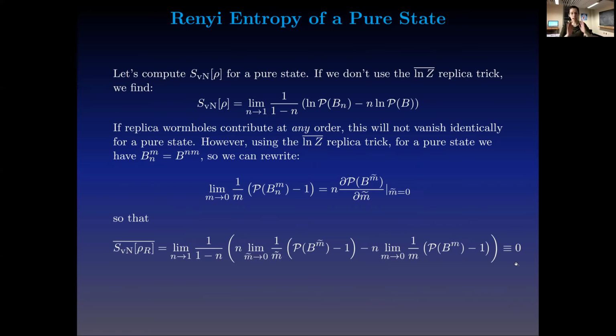And so without knowing whether replica wormholes contribute at any order or not, just including this replica trick gives us the correct answer, which is that the von Neumann entropy of a pure state vanishes to all orders. And so if we fail to include this, then we need to start including corrections at progressively higher orders if the replica wormholes contribute. You could say, oh, this is just a subleading order correction, but nonetheless it's a correction, which suggests that we're on the right track by including this.